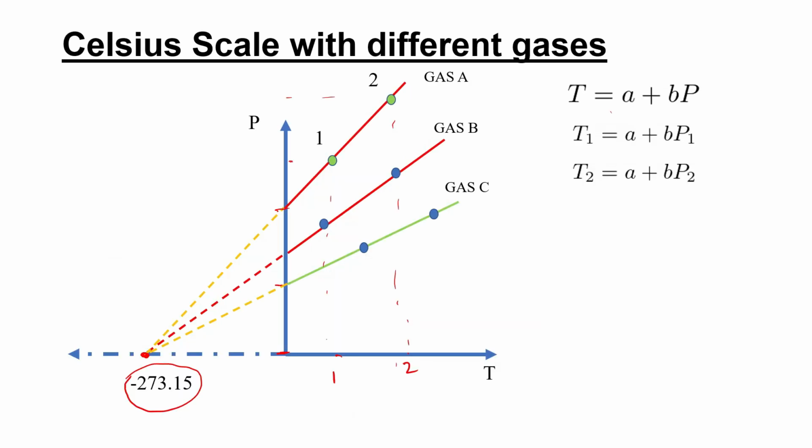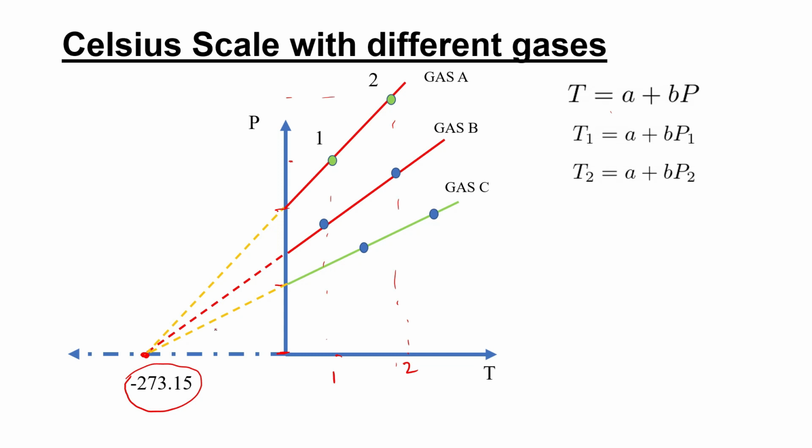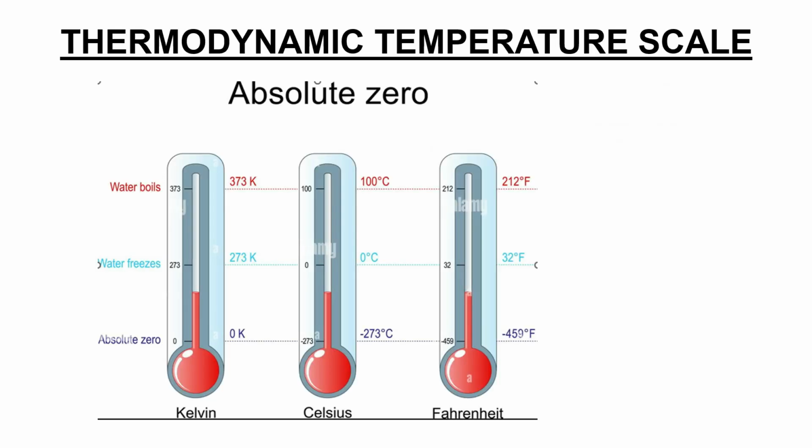This point means that the pressure of the gas is reduced to zero. Practically that is impossible to achieve, but if you reduce that to zero, all these lines will meet at a common point, that is minus 273.15, and this is called the absolute zero. This is called the absolute zero temperature.